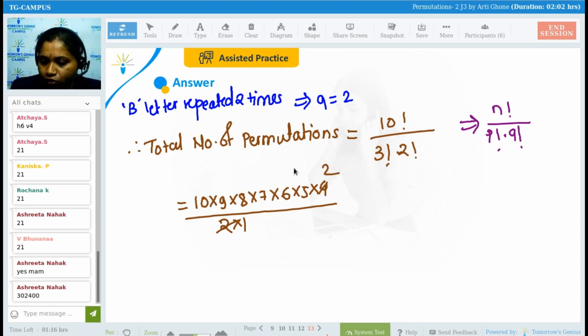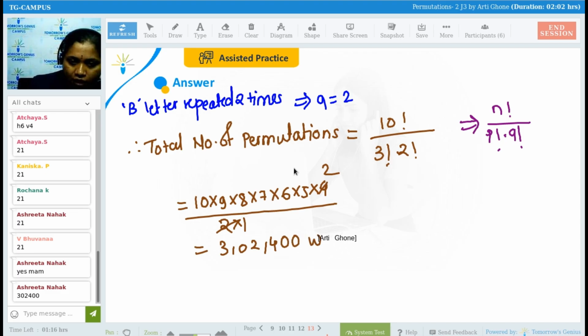So just do the multiplication of 10 into 9 into 8 into 7 into 6 into 5 into 2. What is the answer? 302 400, right? Yes, you are correct. Clear? So the total number of ways is 302 400. Clear? Okay.